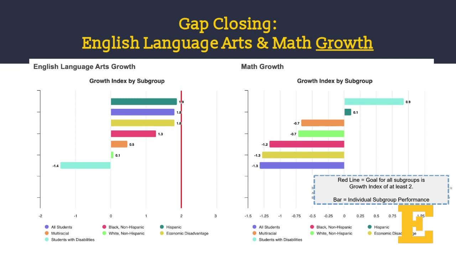So if you think of a normal curve, that -2 to +2 is normal growth, but when you're closing a gap, they want you to reach towards the higher end of that at +2, so that way you're really making up for a year or more's worth of growth for the students.